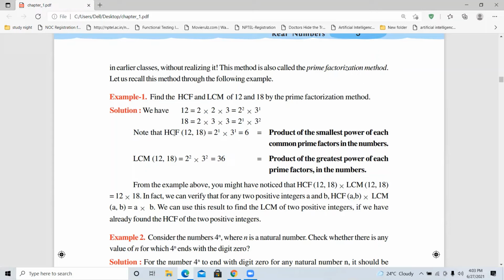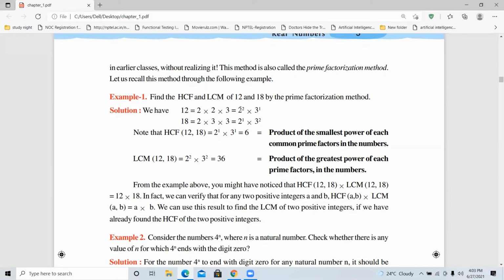Now, we are finding the HCF of 12 and 18. HCF means highest common factor. In order to obtain the highest common factor, we have to take the minimum value from 2 square and 2 power 1 obtained after the prime factorization of 12 and 18.